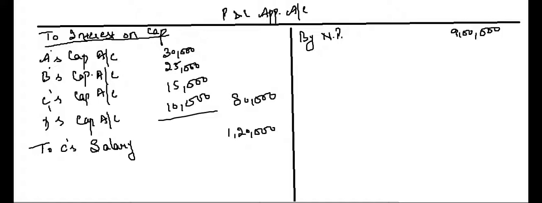Now let's see the deficiency. Let's prepare the working notes for the deficiencies. I'll say working note number 1, calculation of firm's deficiency first.